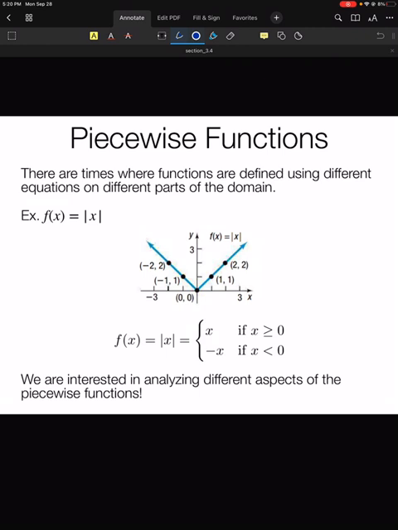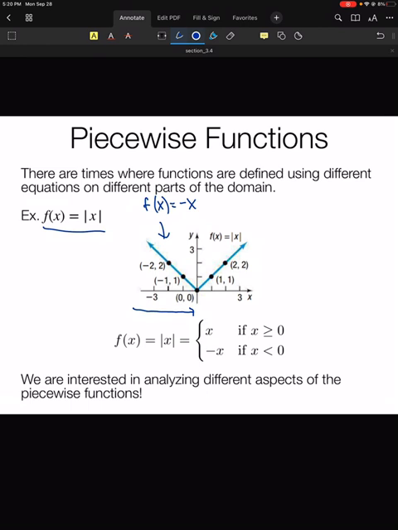Okay, so here's my example that f of x is equal to the absolute value of x. And if you look down below, we have the graph of this function. As you'll see, if we go left to right for the first half, if we had to put an equation on this line, it looks linear, and specifically it looks like maybe the function f of x is equal to negative x.